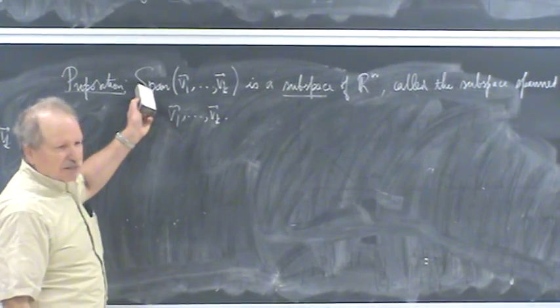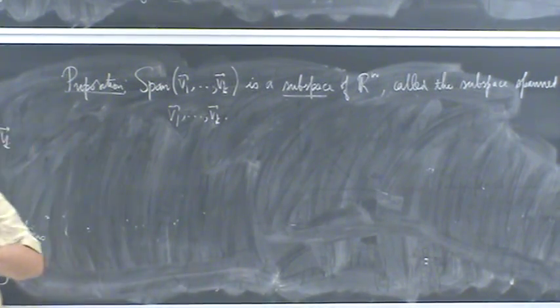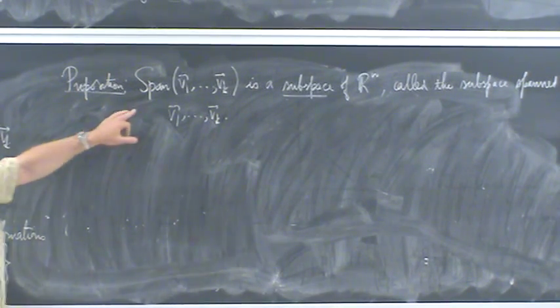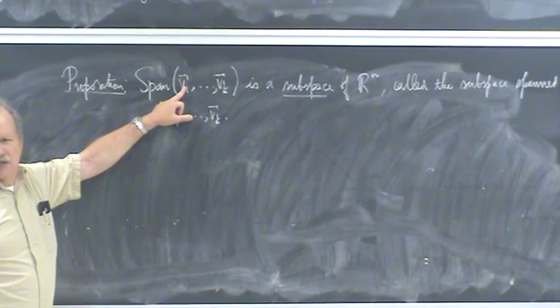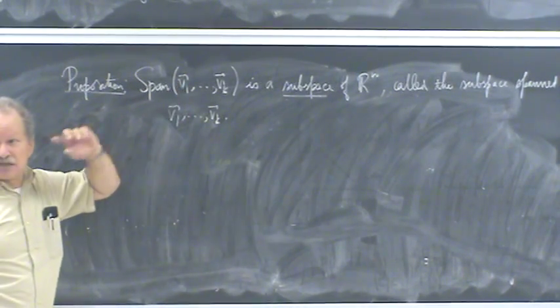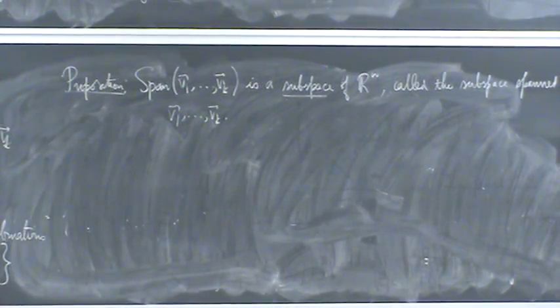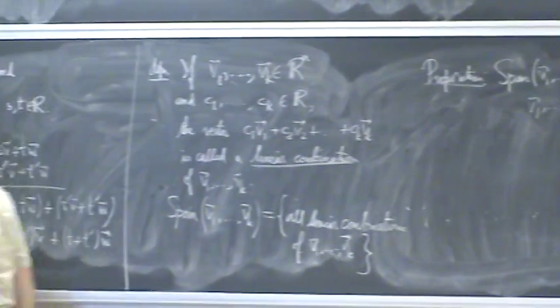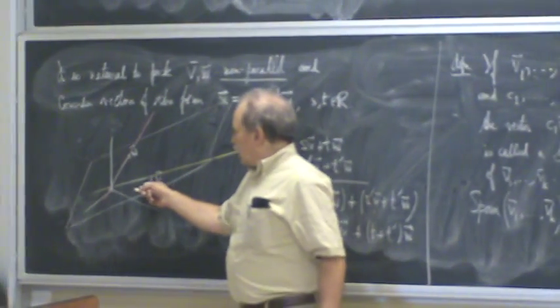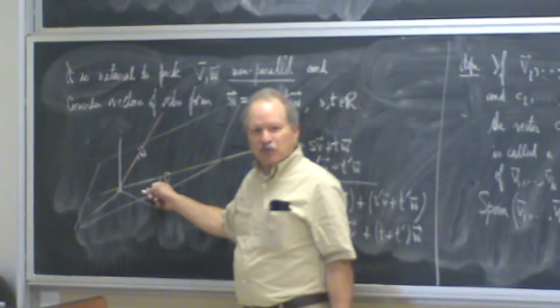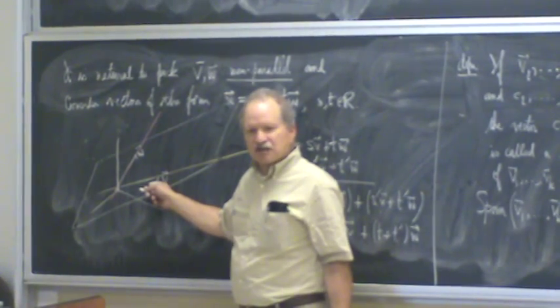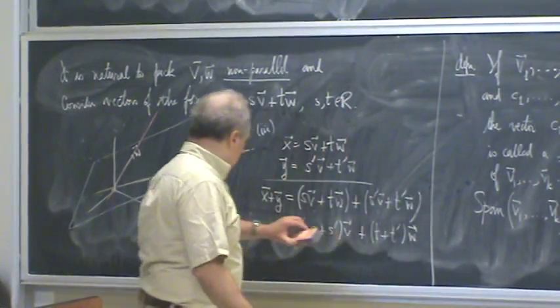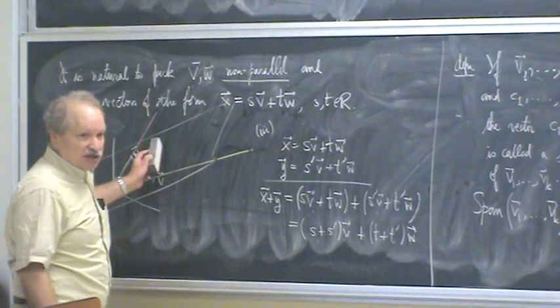Intuitively, the way to think about this is you think of all possible subspaces that contain these vectors, and this is the smallest one. Like here, if I had V and W sitting here in R3, you would build a plane spanned by them, and that would be the smallest subspace. Any subspace that contains V and W has to contain all their linear combinations.